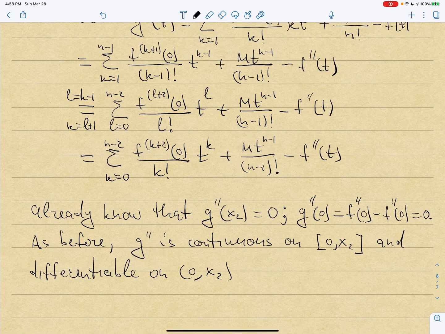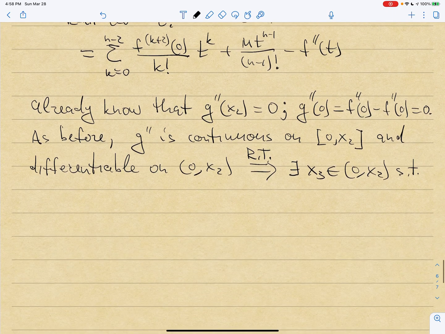And therefore, by Rolle's theorem, there exists x3 now between 0 and x2, such that the derivative of a second derivative, that's a third derivative, g triple prime of x3 is equal to 0.